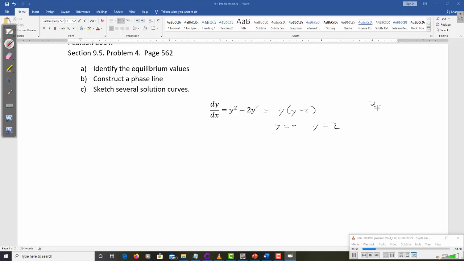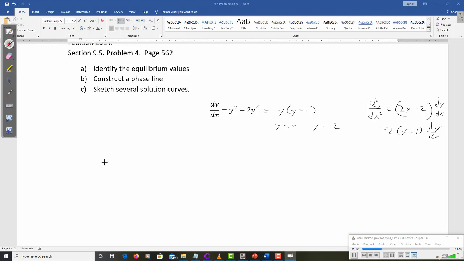And second derivative would be 2y minus 2 times dy/dx. So that's 2(y minus 1) dy/dx.